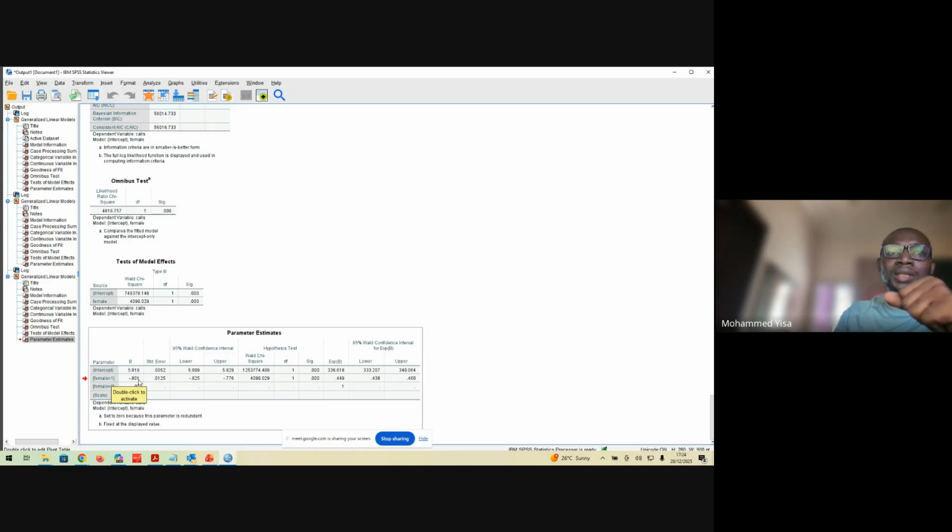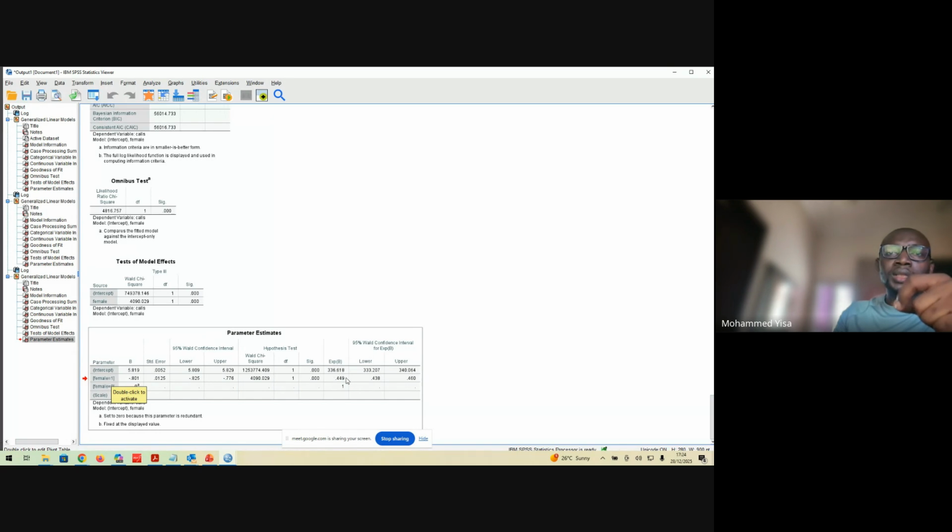So the intercept for the log of mean number of calls taken by females as compared to male resident doctors is minus 0.801. So this is the intercept, but in order to get a number that we can use, we have to exponentiate it, and this is where it comes, exponent of b.